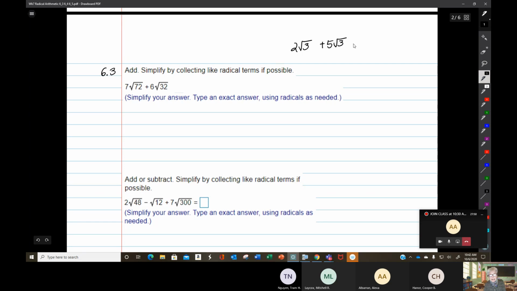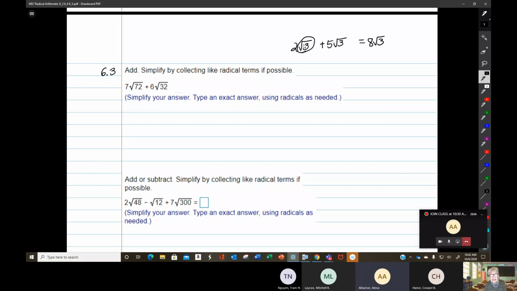I can add these. The answer is 8 times the square root of 3, because these are exactly the same kind of root with exactly the same kind of number.